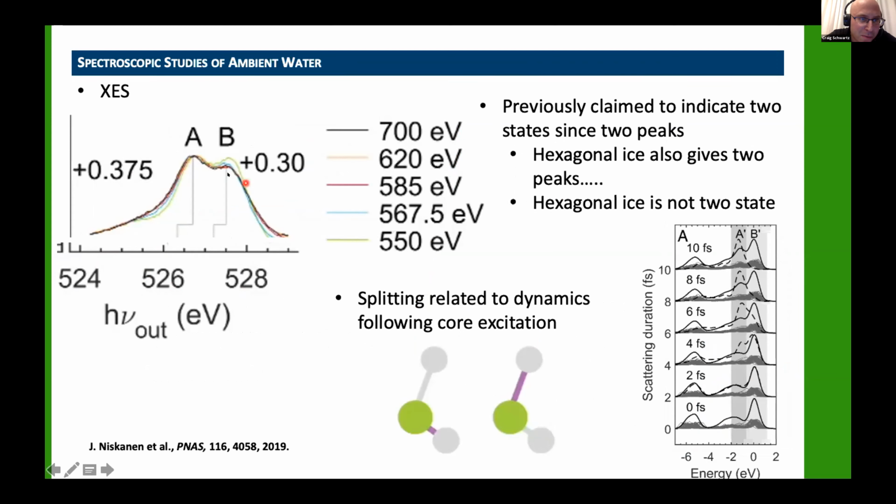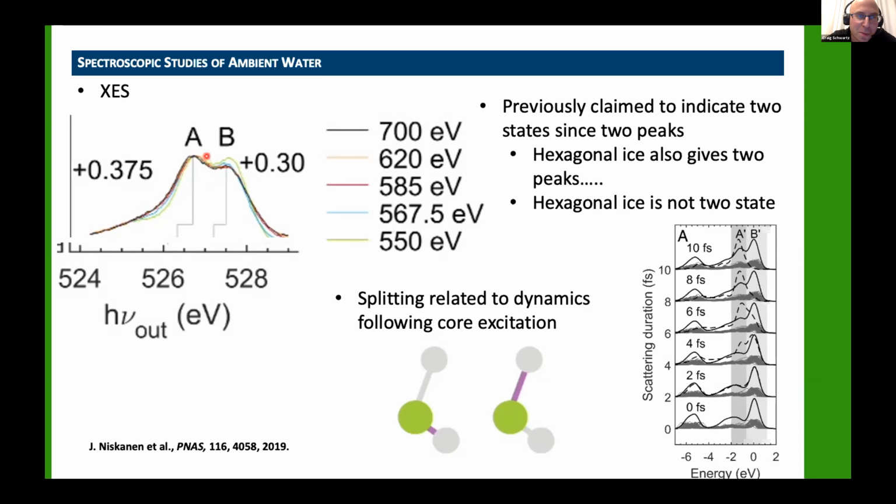They also looked at the X-ray emission spectrum of the liquid water. And this is these 2 blobs here between 528 and 524 electron volts going this way. These have been shown previously. There's 2 bumps there, as you can all tell. There was an argument in the literature at one point that this was indicative that water was actually 2-state. This sort of fell apart a couple years ago when somebody measured the spectrum of ice, and that's definitely not 2-state. Ice is definitely a single state.